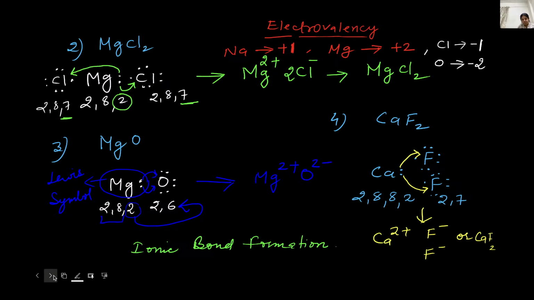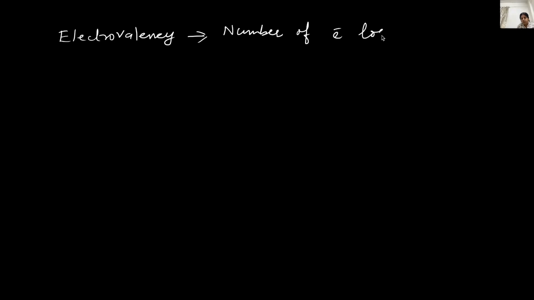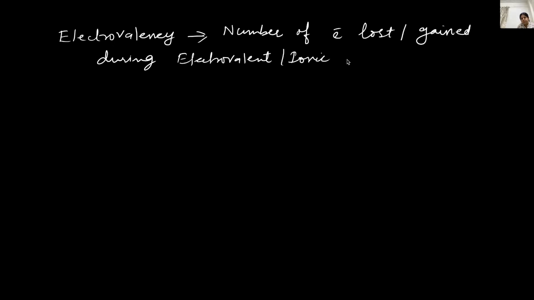Okay. Now, we have understood the term, students, electrovalency, which is very important. Electrovalency is the number of electrons lost or gained during electrovalent or ionic bond formation.